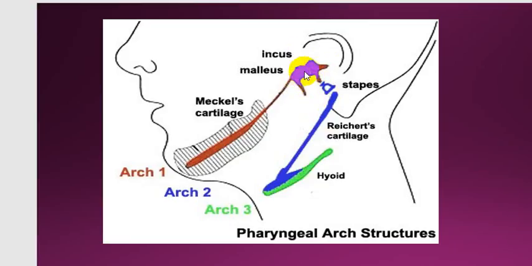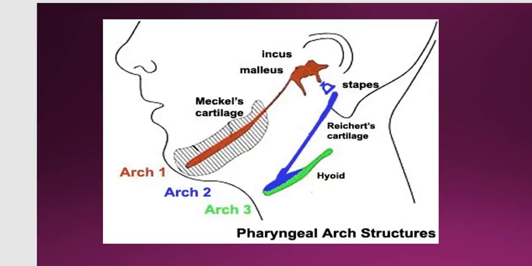This enhances the sound waves and helps us in recognition of sounds better than the reptiles. So this was about the mammalian jaw and its evolution and its different aspects.